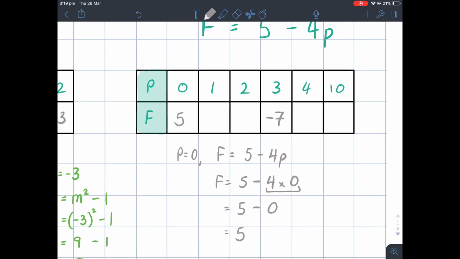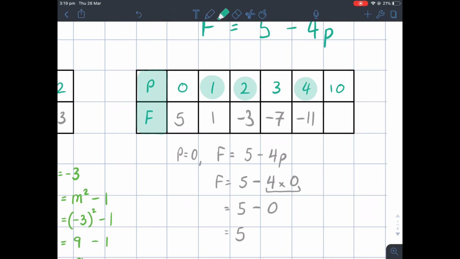So we'll go back and work these out for when p is equal to 1. So when p is equal to 1, 4p is 4. So 5 minus 4 is 1. And when p is equal to 2, we get that 4p is 8. 5 minus 8 is minus 3. When p is equal to 4, we get 4p is 16. 5 minus 16 is minus 11.